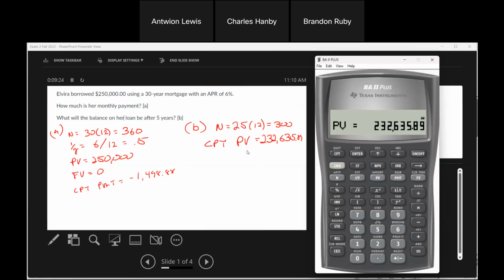If we think about the first month of the mortgage, 250,000 times 0.06, if you didn't pay any down, that would be how much you'd pay. But we divide that by 12.